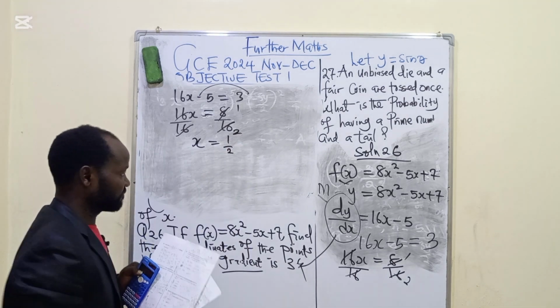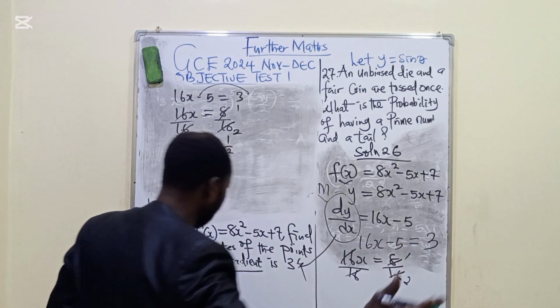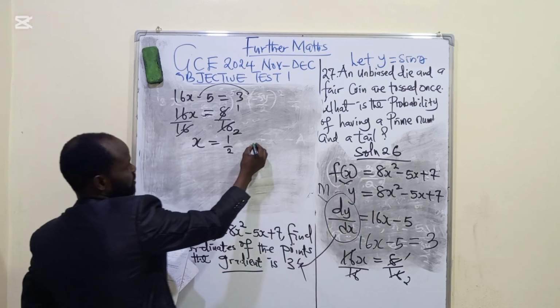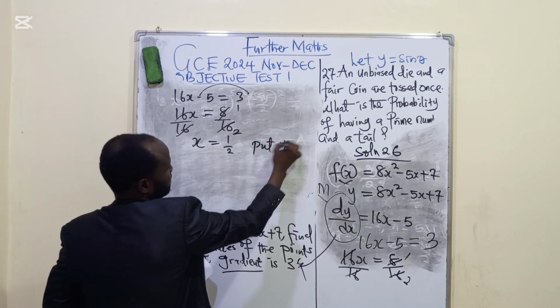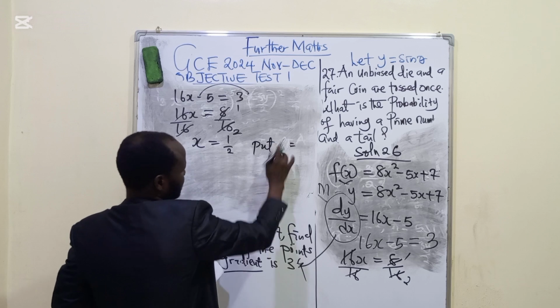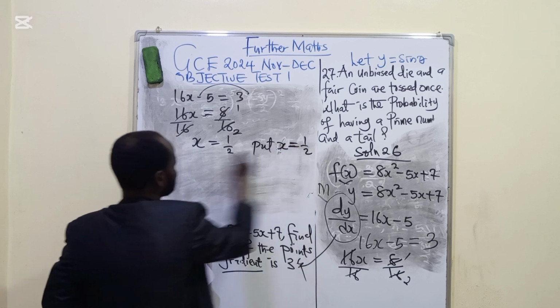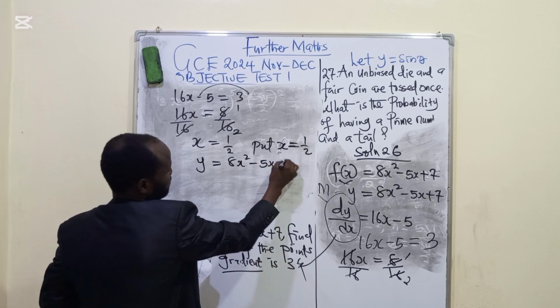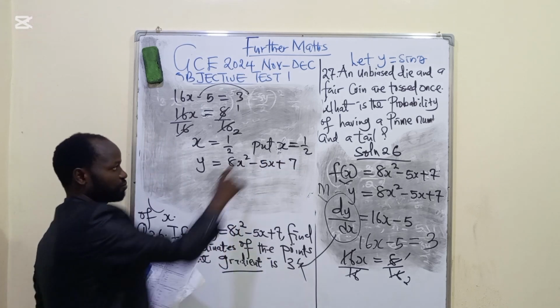First coordinate, half. How do we find the y coordinate now? We substitute back into this function. So we put x equals to half into y, 8x squared minus 5x plus 7. Anywhere we see x, we put half.